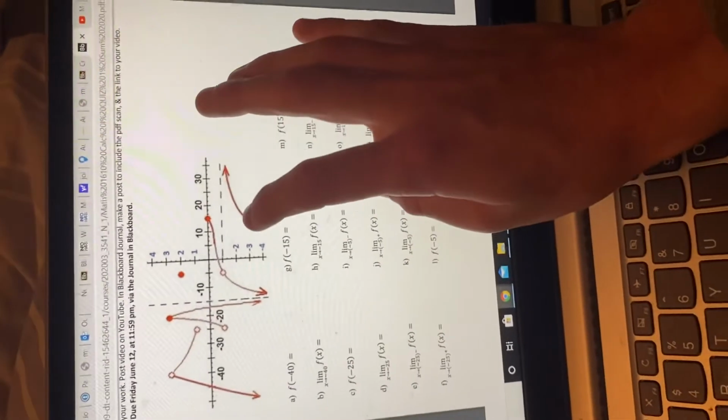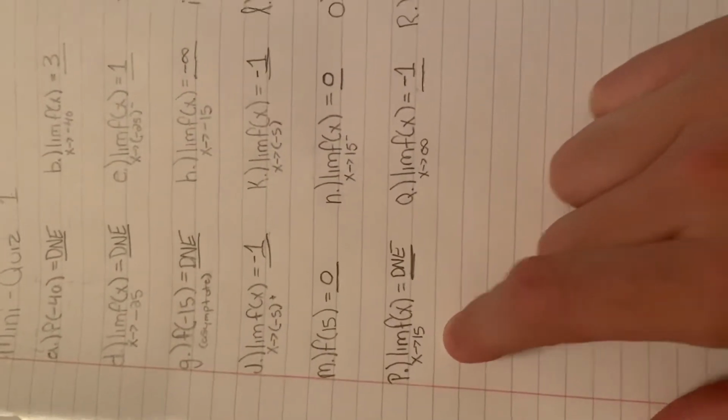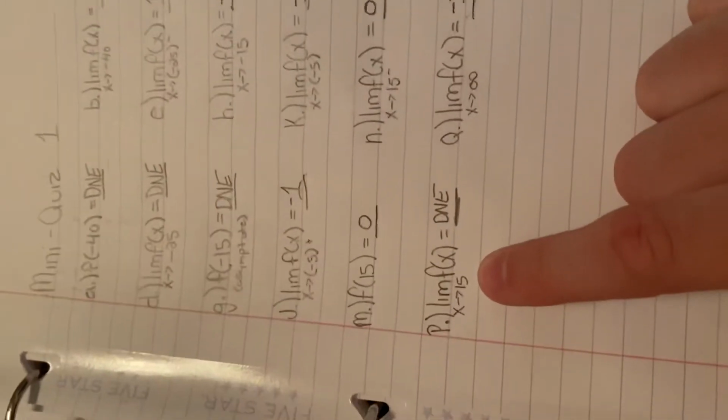Oh, wait, I'm sorry. That's approaching it from the right. My bad. And you can see that down here, this graph, as you approach it from the right, along that point. The limit for the two-sided limit at x equals 15 does not exist. It's because they're not equal.